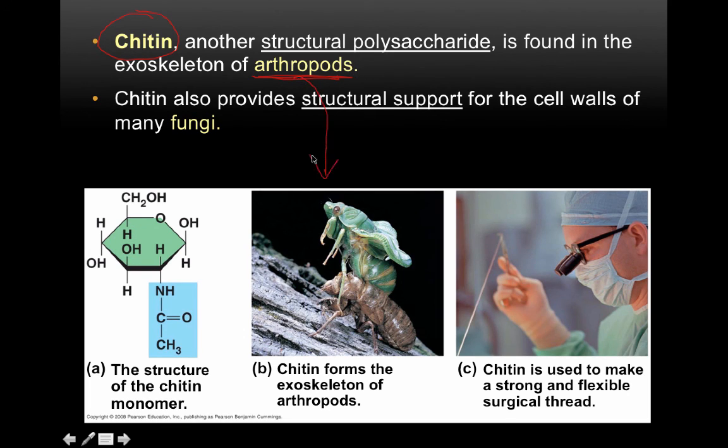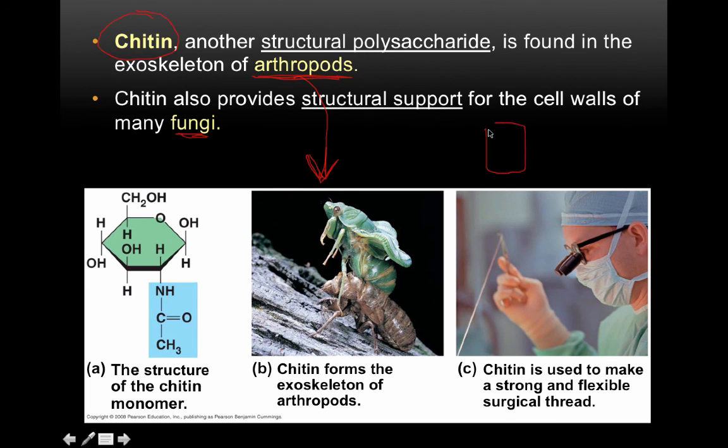Down below is an arthropod that is shedding its exoskeleton so that it can grow. This is a cicada shedding its exoskeleton. Chitin also provides structural support for the cell walls of many fungi. So besides arthropods, fungi have this polysaccharide as well.